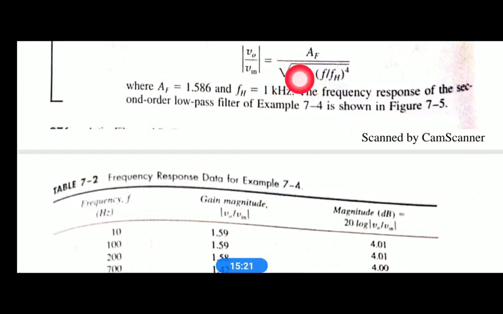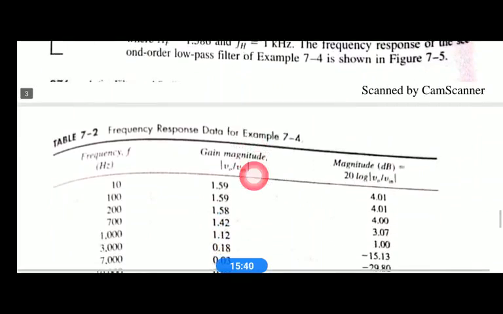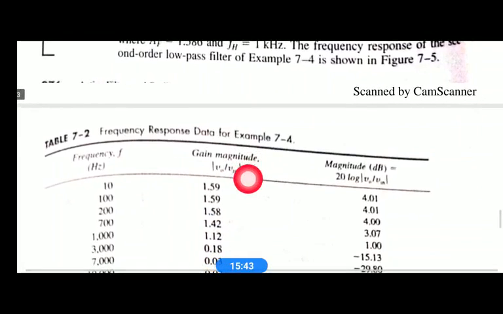And this value, you divide into the AF value 1.586, and you will get Vo by Vin as 1.59 here. So you convert this into dB using 20 log of 1.59, which will give you 4.01. Understood?